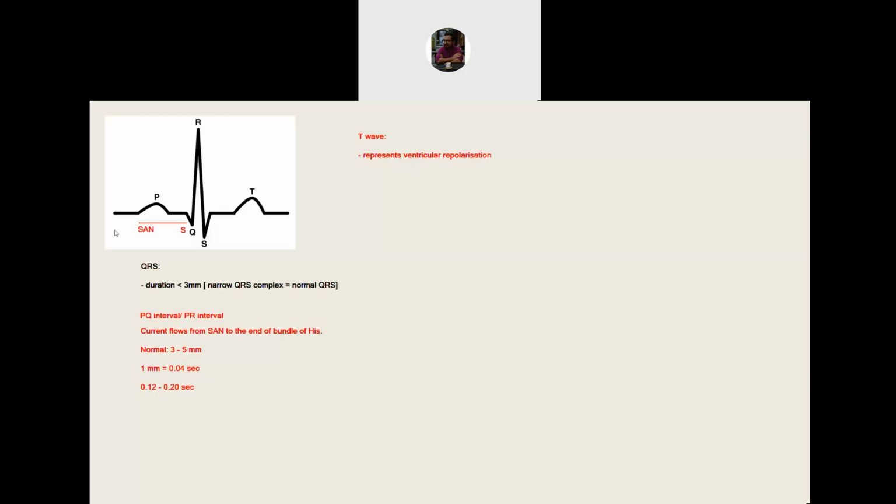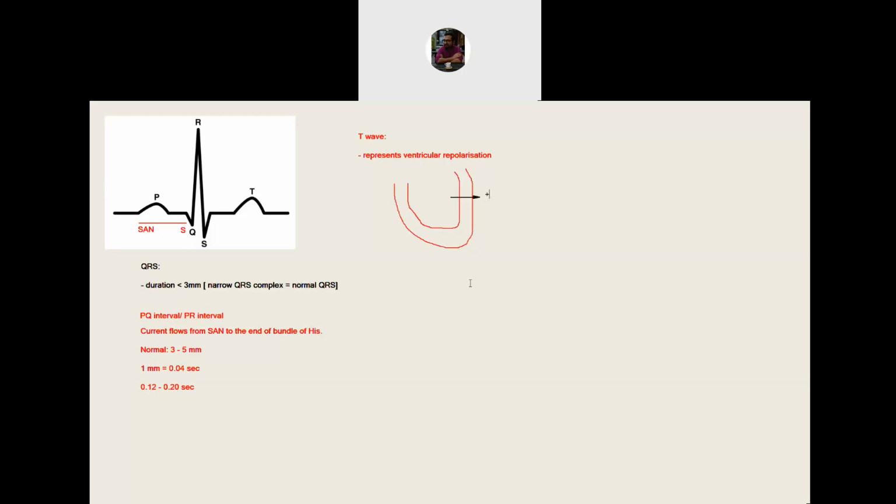So I'll tell you exactly what happens here. If this is a schematic representation of the ventricle, and if these are the ventricular muscles, when depolarization occurs, I'm representing depolarization with the black color. When depolarization occurs, current moves in this direction, and this is a positive current.